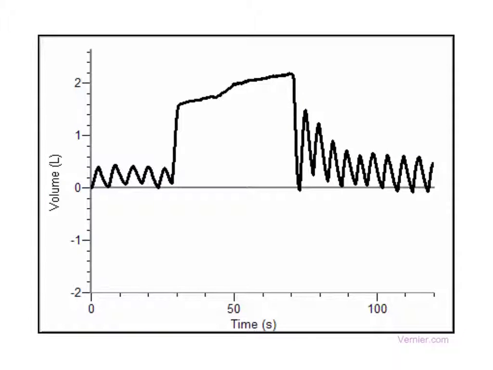When we collect our data, it's going to look something like this. We inhale, exhale, inhale, exhale, inhale, exhale. In this case, this is the hypoventilation, where we inhale and hold our breath for an amount of time, and then we see how our respiratory rate changes.